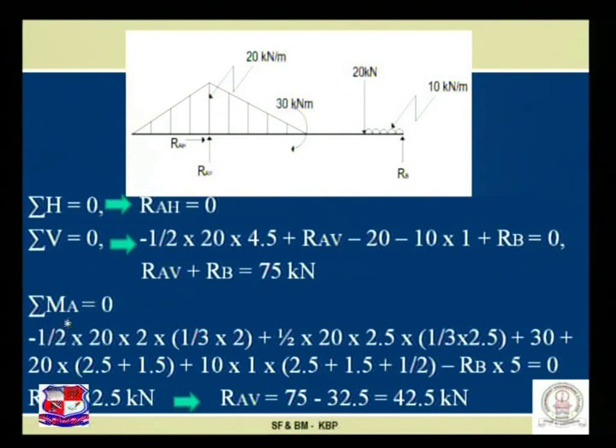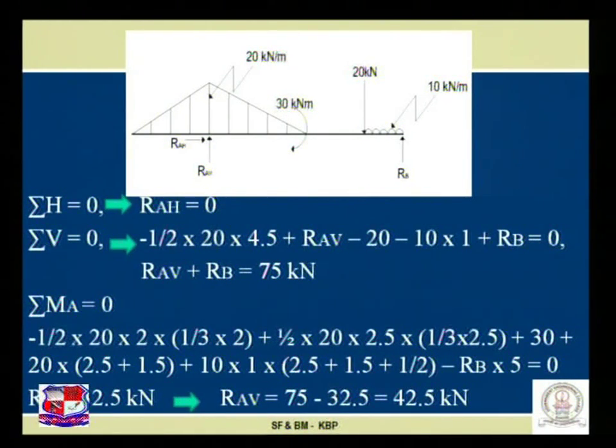Let us take sigma MA is equal to 0. Sum of all the moments at A is equal to 0. I am taking a moment over here, and which is equated with 0.